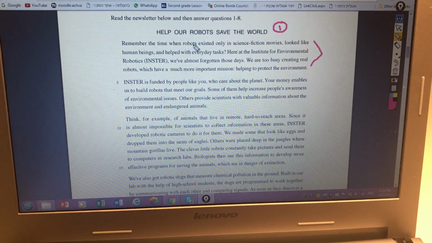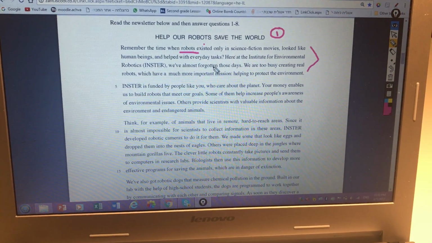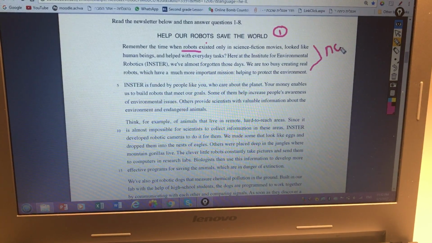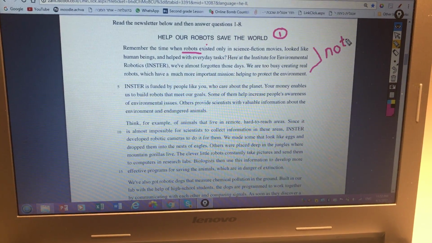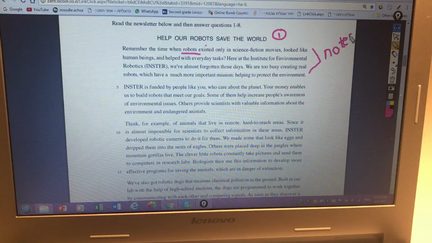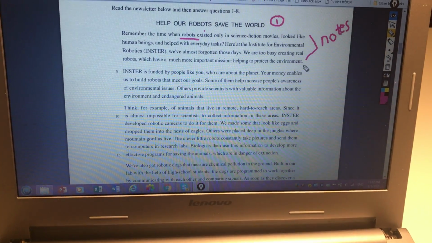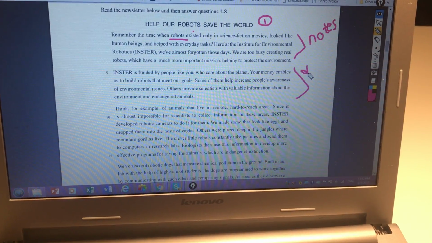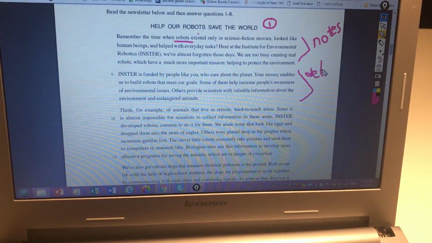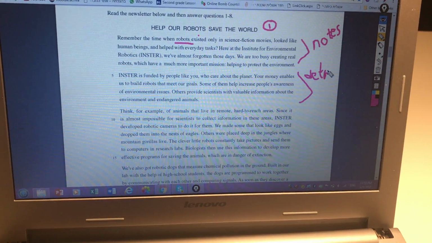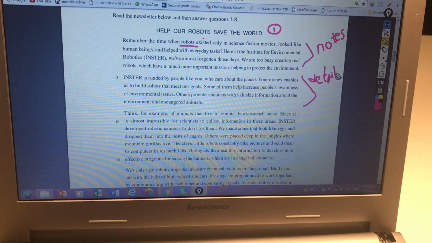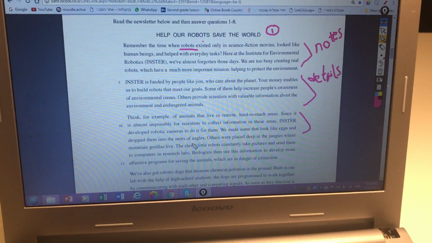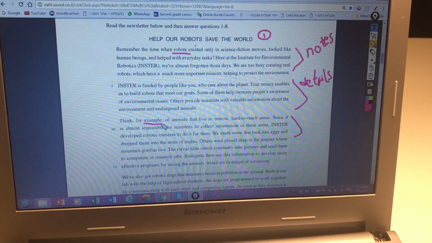We underlined words, we translated them if we needed, and on the side after we read, we took the notes. Okay, and then we moved on to the next paragraph. We understood that there's some more details. We did the same. We looked at the main words, translated what we needed, details. And here, paragraph 3, we understood that they were given some examples.